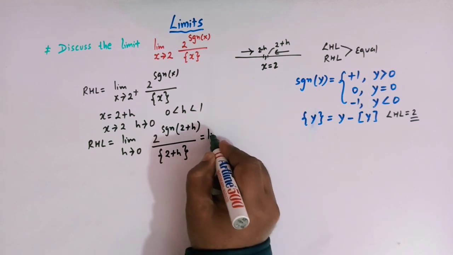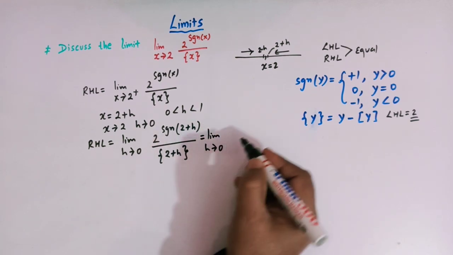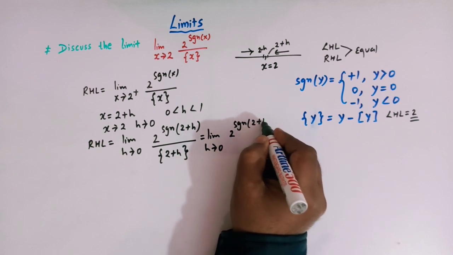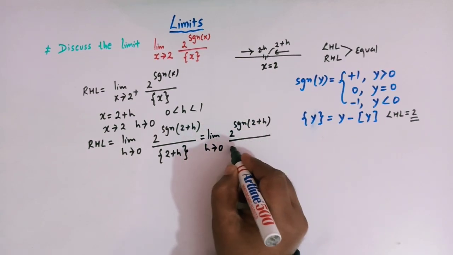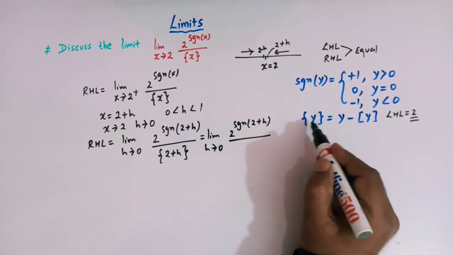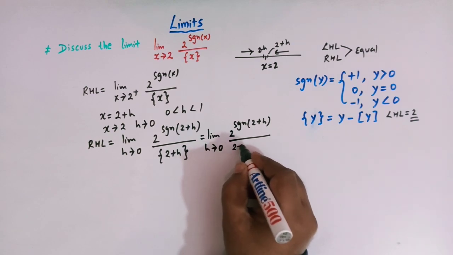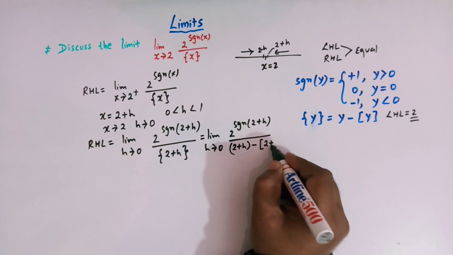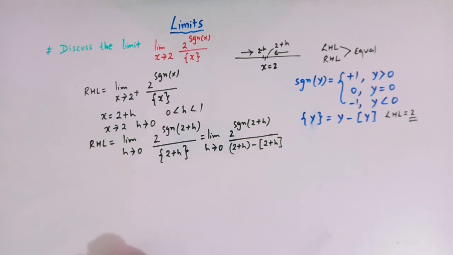Now we can write limit h tends to 0, 2 raised to signum of 2 plus h, and utilizing the definition of the fractional part function, we have 2 plus h minus greatest integer of 2 plus h, right?